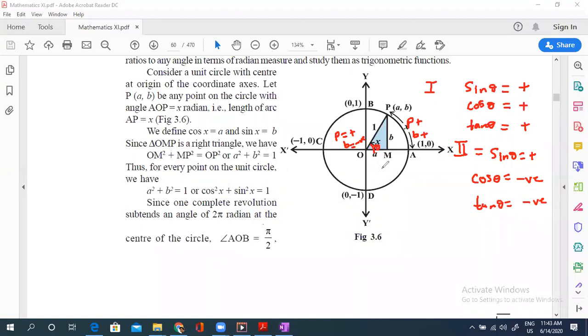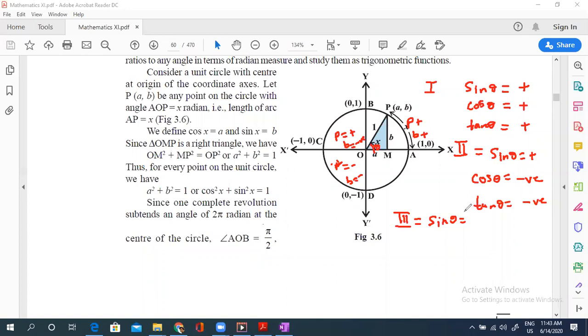Now, what about the third quadrant? Tell me. See, in the third quadrant, perpendicular is also negative, base is also negative. So sine theta. See, hypotenuse is always positive, because it is under root of perpendicular square plus base square.